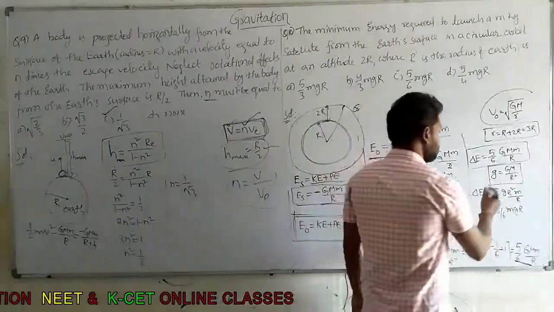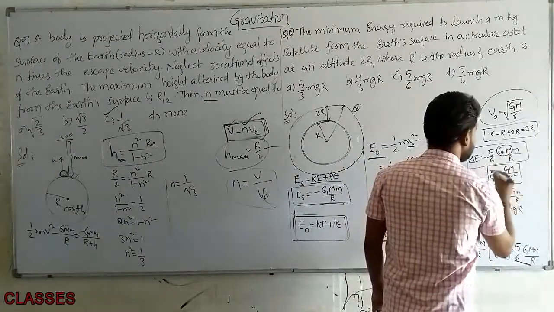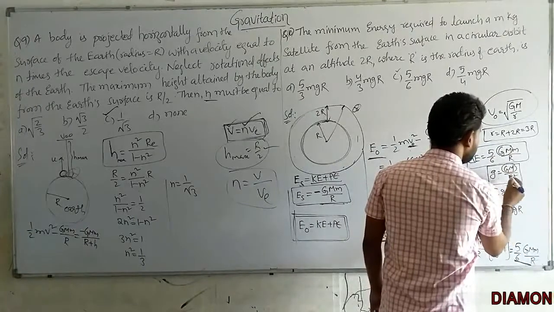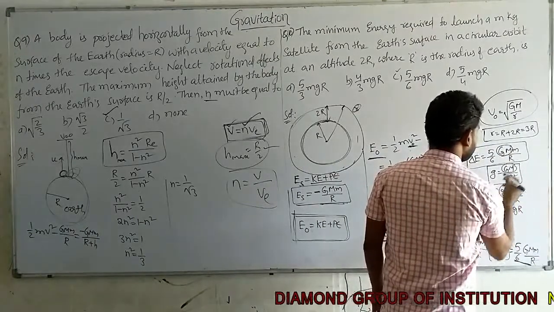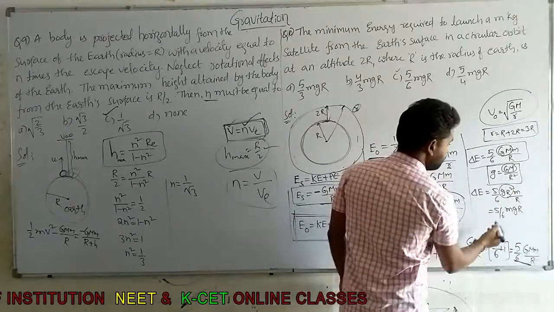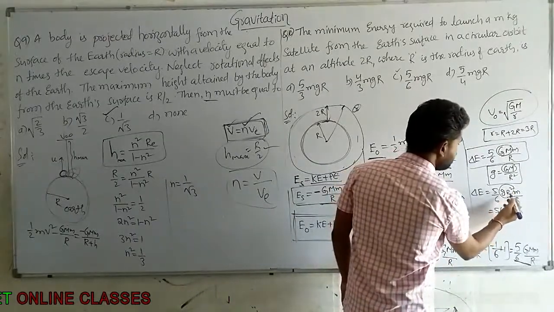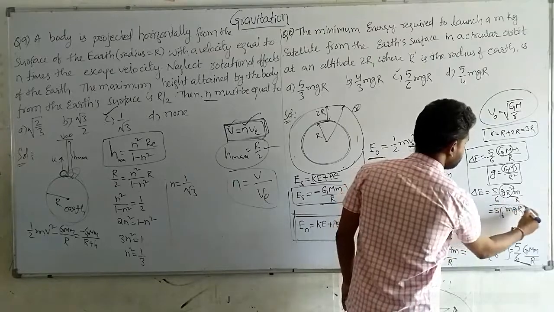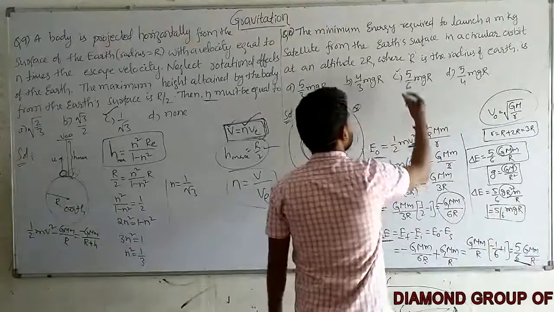So capital GM can be written as g into R square. Remaining term m by R is the same. One R will be cancelled, and we get 5 by 6 m g R. So 5 by 6 m g R.